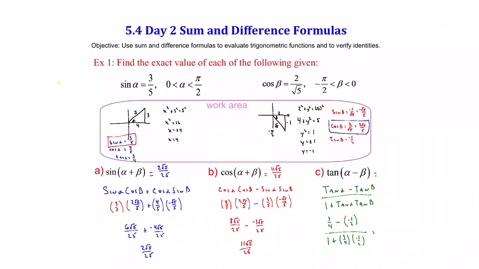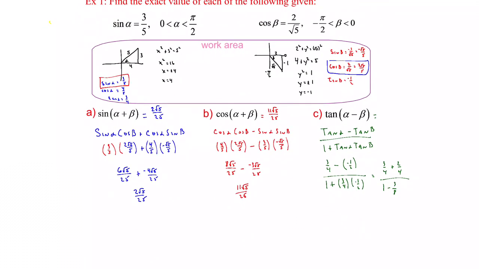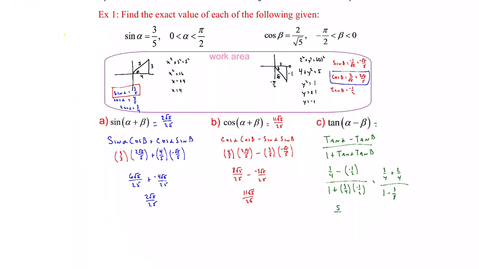So we need to find a common denominator on top. That would be 3/4 plus 2/4. And then on bottom we have 1 minus, take 3/4 times negative 1/2 would be negative 3/8. So 1 minus 3/8. And then 3/4 plus 2/4 is 5/4.